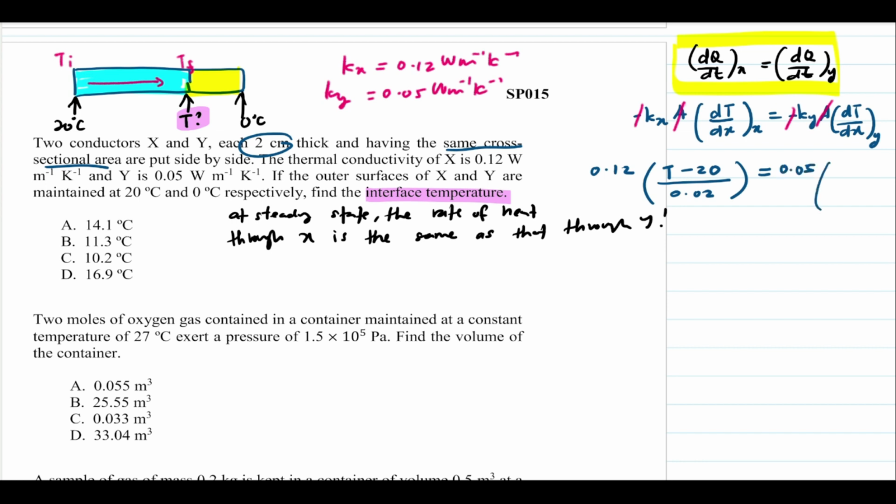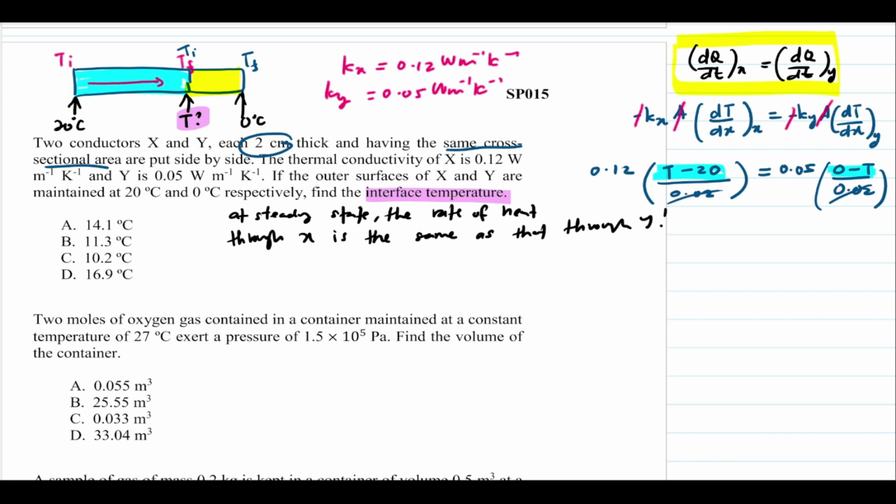dT dia adalah, so ini adalah T final, this one should be T initial. So 0 minus T. Okay, dx boleh cancel lah. So ini saya highlight ini, jangan terbalik ataupun salah. So selesaikanlah.